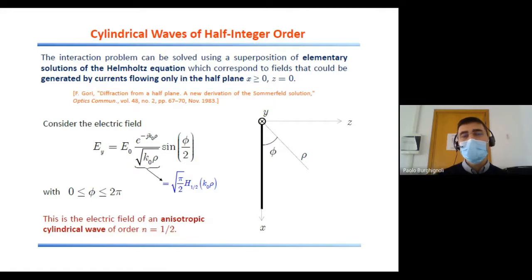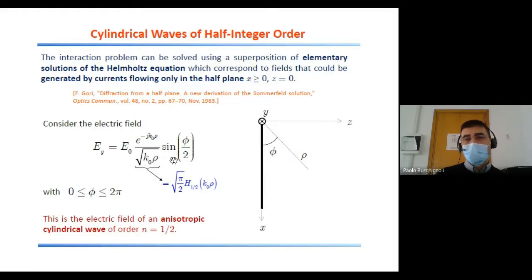If you consider this particular element, which is the product of the exponential e to the j k0 rho divided by the square root of rho, multiplied by the sine of psi over 2, so we have the cylindrical or polar angle psi divided by 2, this is certainly a solution of the Helmholtz equation, at least for rho larger than 0, of course.